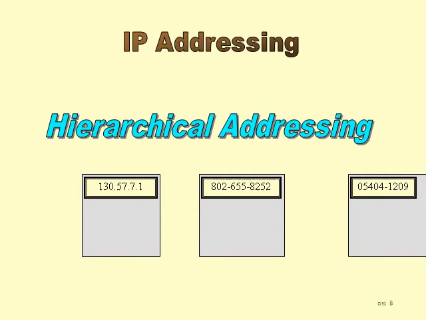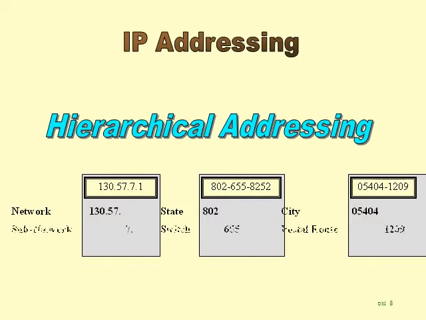Now let's remember a little about IP addressing. When we're making that routing decision, the decision is based upon a group of bytes inside the IP address, which is known as the network address. The network address is basically 130.57 here. But we also have to add 1 byte to include the subnet information. So the subnet information related to this addressing scheme is 130.57.7.